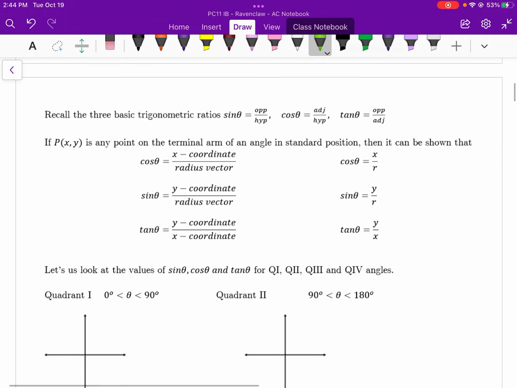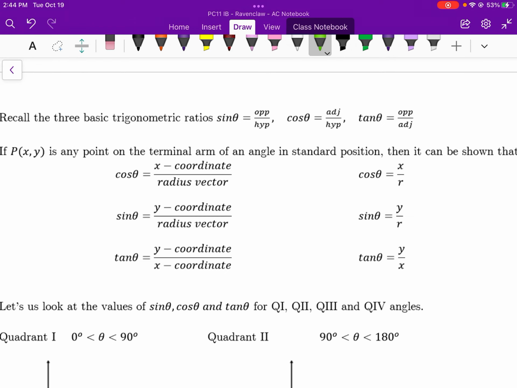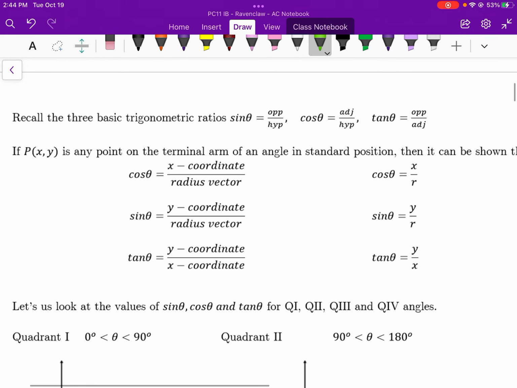So let's recall the three basic trigonometric ratios here. We have sine theta is equal to opposite over hypotenuse. Cosine theta is equal to adjacent over hypotenuse. Tangent theta is equal to opposite over adjacent.